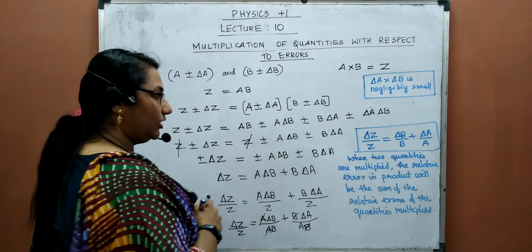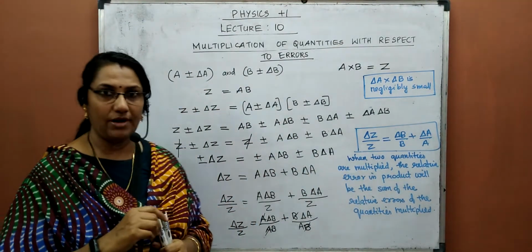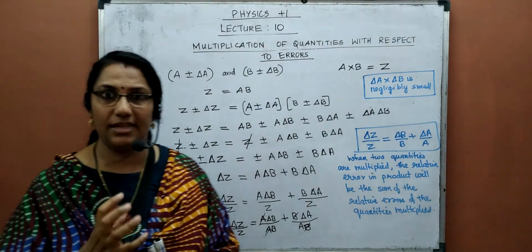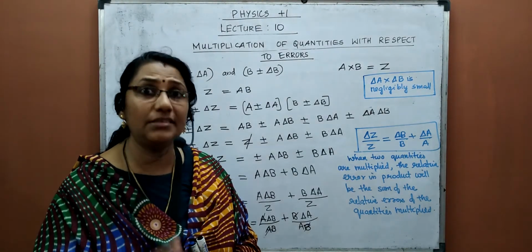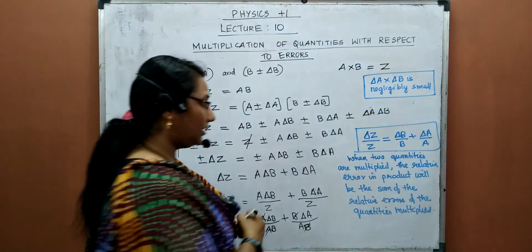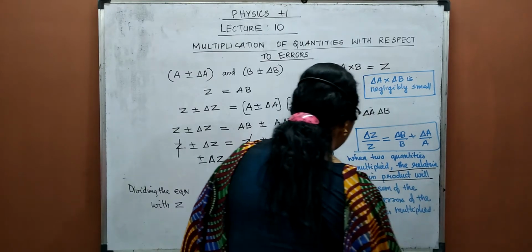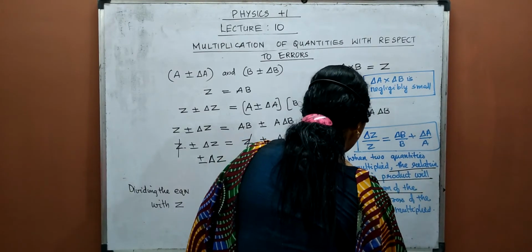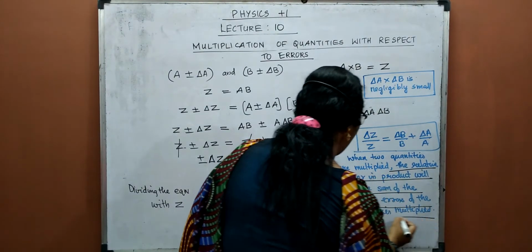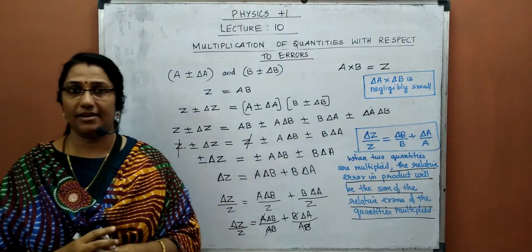That is, when two physical quantities are multiplied together to obtain a product, the product will attain certain error. The relative error in the product will be the sum of the relative errors of the quantities multiplied together. Is it clear?